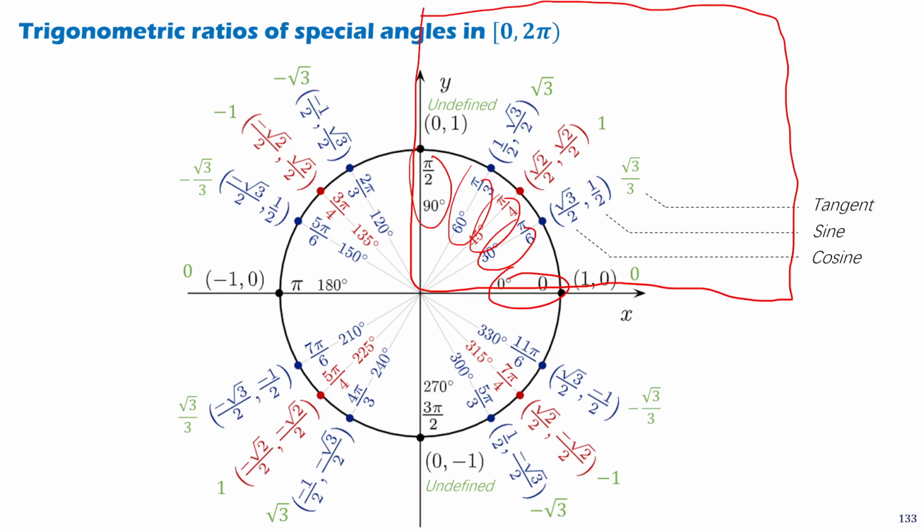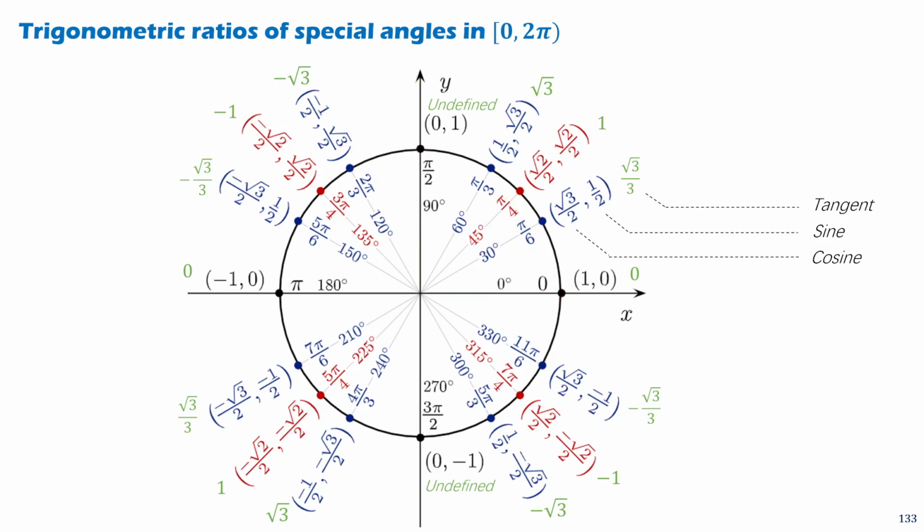For example, if you want to evaluate the trigonometric ratios of this angle, 7 pi over 6, we know that we can find a corresponding angle which is symmetrical with 7 pi over 6 in the first quadrant here, pi over 6, right? The terminal arms of pi over 6 and 7 pi over 6 are symmetrical about the origin point, right?